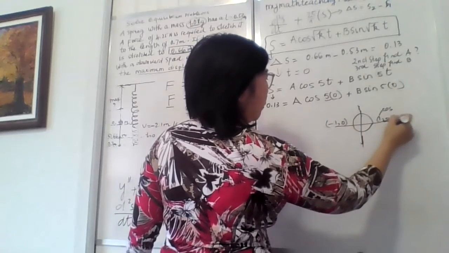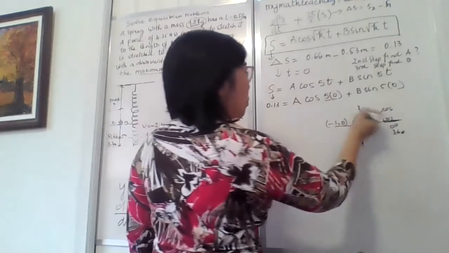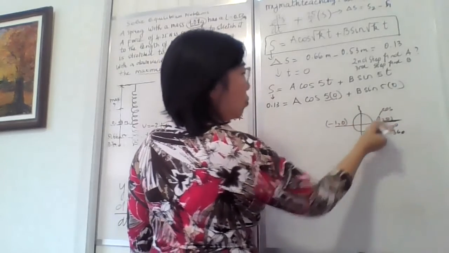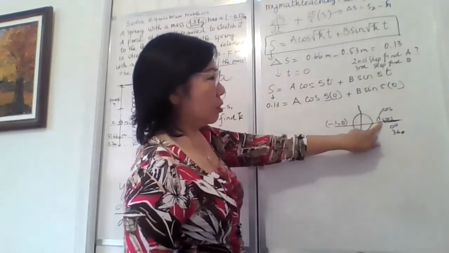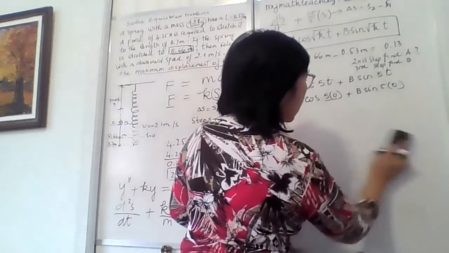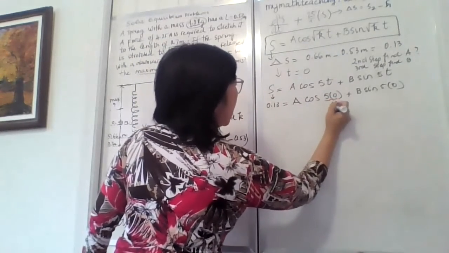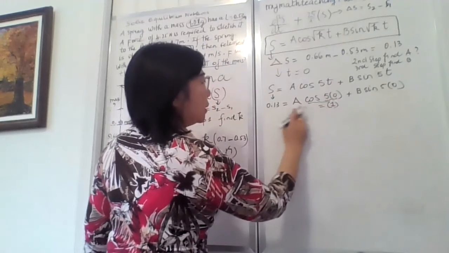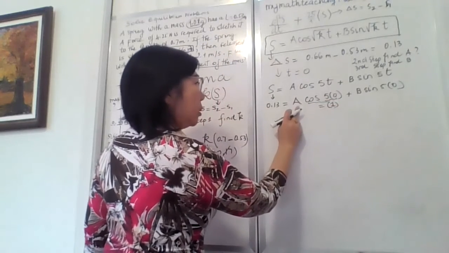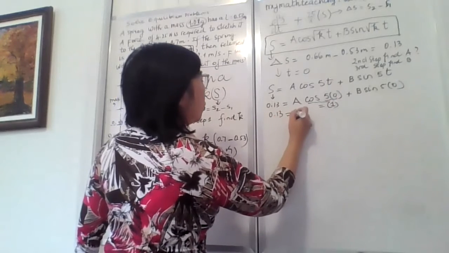So at this level it is 360 degrees or 0 degrees. At 0 degrees, the cos equals 1, right? Or you can use a calculator to check that. So the whole thing here becomes 1. 1 times A is just A. So A equals this number. Now we know A.